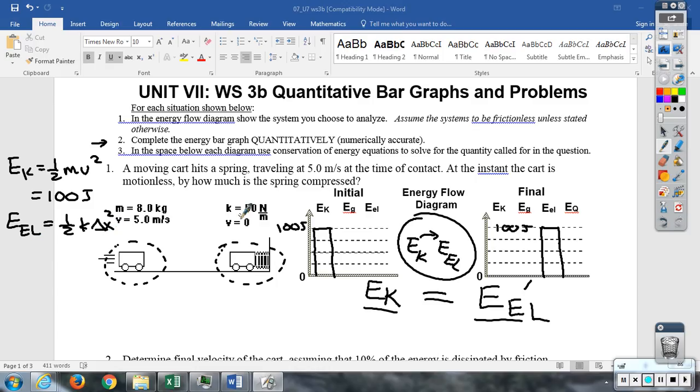K is 50, so I'm looking for delta X. So I solve this for delta X. I multiply both sides by 2, divide both sides by K, square root everything, so I get the square root of 2 EEL over K, and we get a value of 2.0 meters.